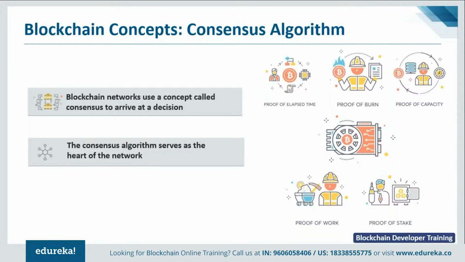The first consensus to ever be used was the proof of work algorithm, which was used in the Bitcoin blockchain. Since then, other consensus algorithms have been invented, for example, proof of stake, proof of elapsed time, proof of capacity, and proof of storage. These consensus algorithms serve as the heart of the whole system, as it is the singular thing that tells us about the validity of a transaction.